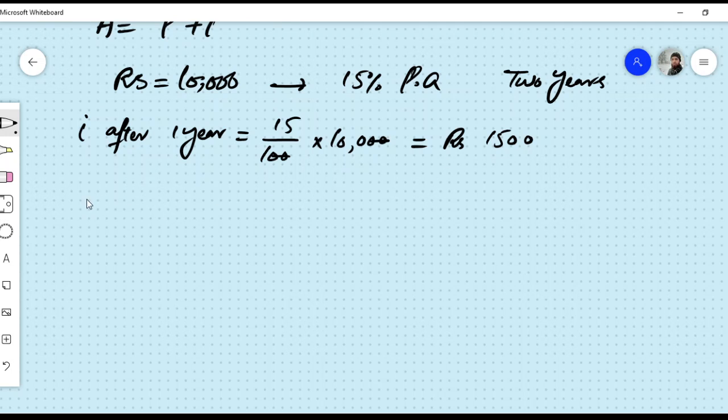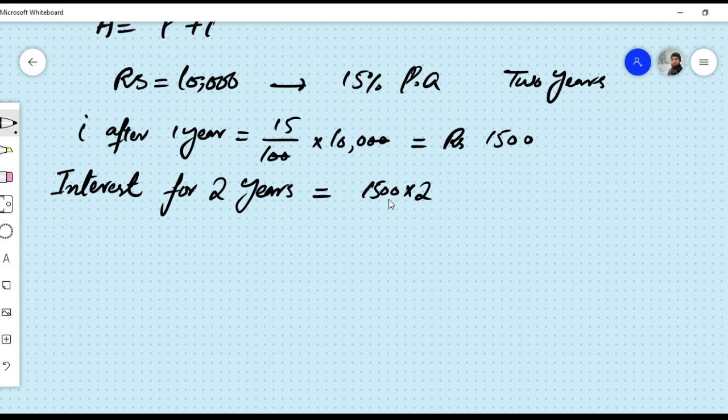And if we see interest for 2 years total, it will be rupees 1500 into 2, because every year you get the same interest in simple interest. That is why I am multiplying it by 2.